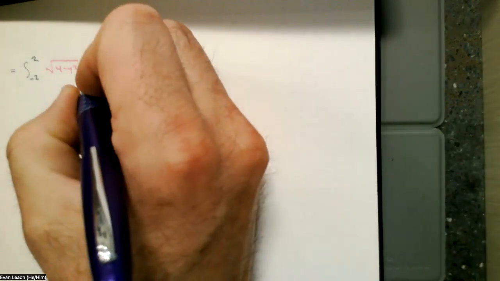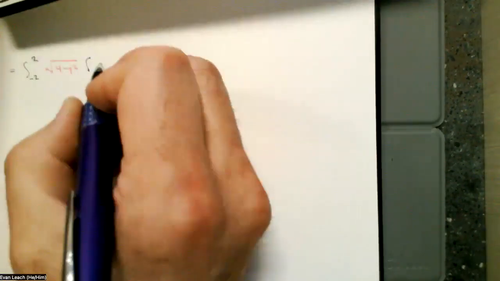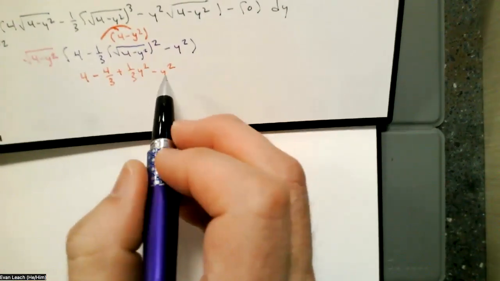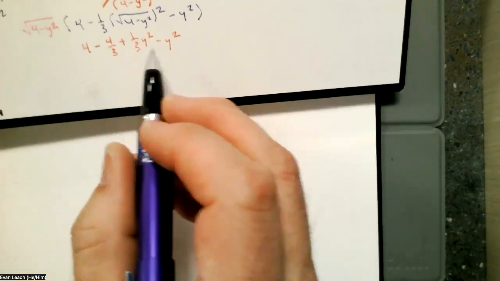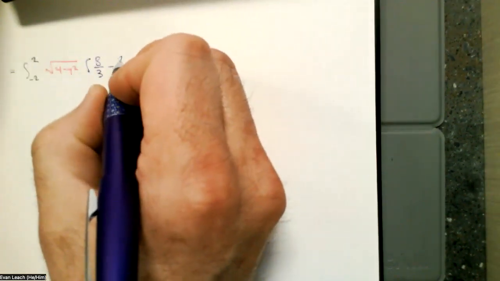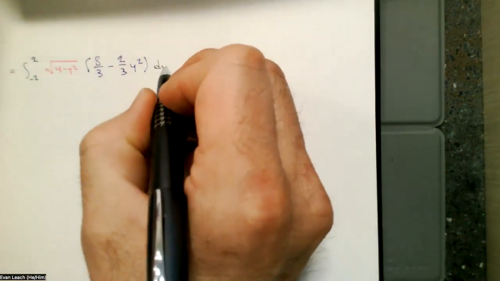And left over on the inside, I've got 4 minus 4/3 is 12/3 minus 4/3 or 8/3. And a third y squared minus y squared is going to be 1/3 minus 3/3, which is minus 2/3. And this is still an integral dy.